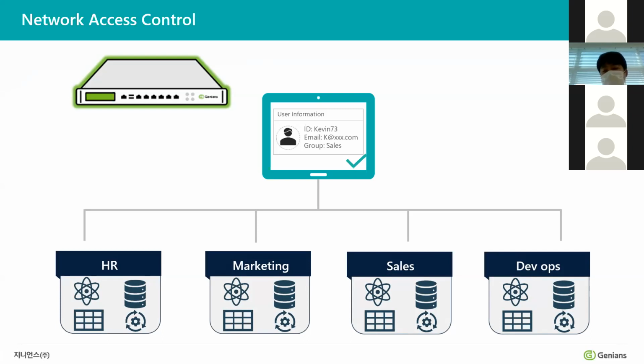Genian's network sensor becomes like a gateway. That is how non-compliant devices can be guided, redirected to the captive web portal and isolated, until they are remediated and compliant.